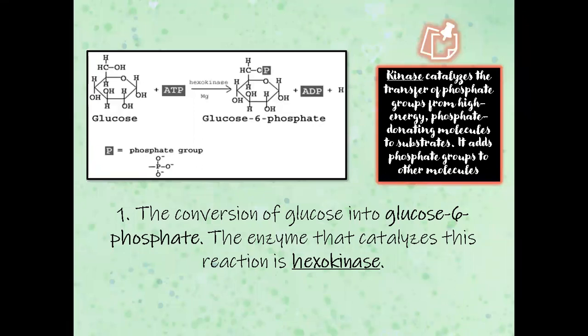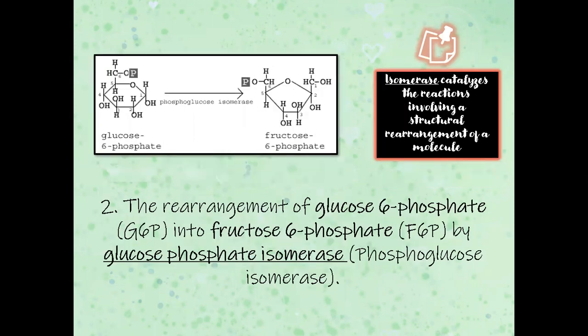The first step is the conversion of glucose into glucose 6-phosphate. The enzyme that catalyzes this reaction is hexokinase. The second step is the rearrangement of glucose 6-phosphate into fructose 6-phosphate by glucose phosphate isomerase.